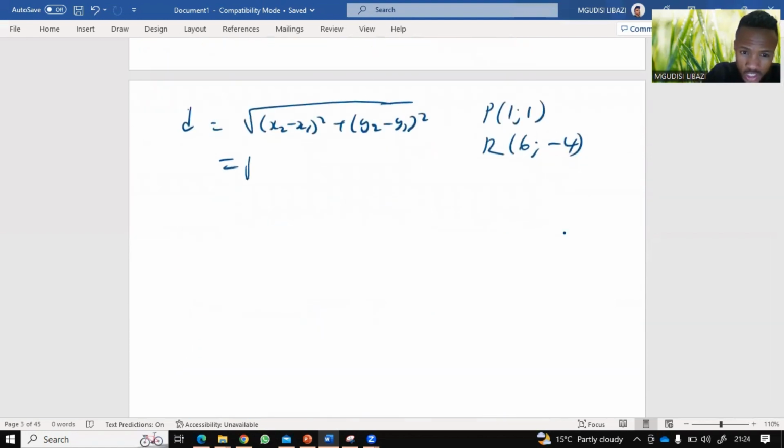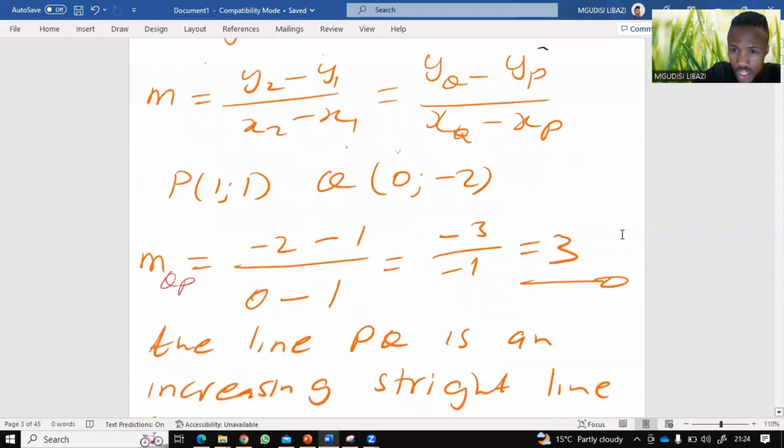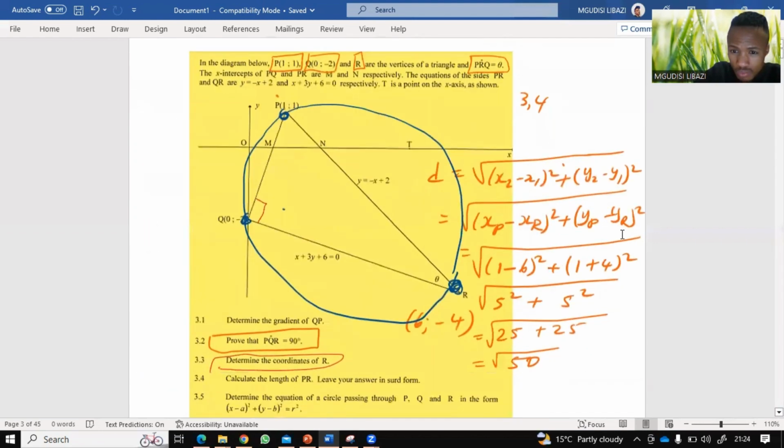So now to find the distance there, we're going to say square root of (xp minus xr) all squared plus (yp minus yr) squared. So we need to find that distance there.